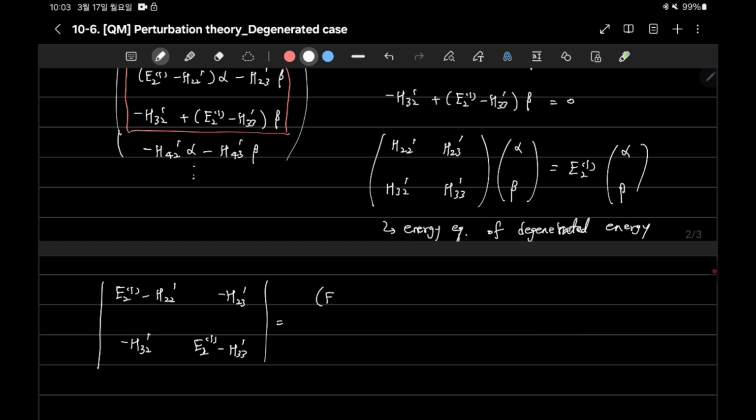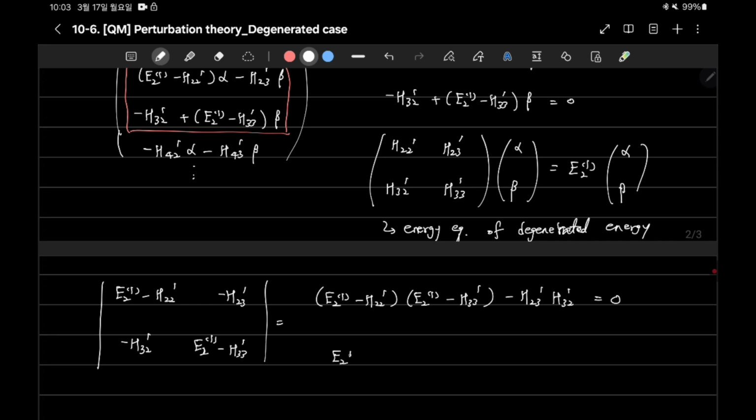So it is E2 first order minus H22 prime times E2 first order minus H33 prime, minus H23 prime H32 prime, should be 0.